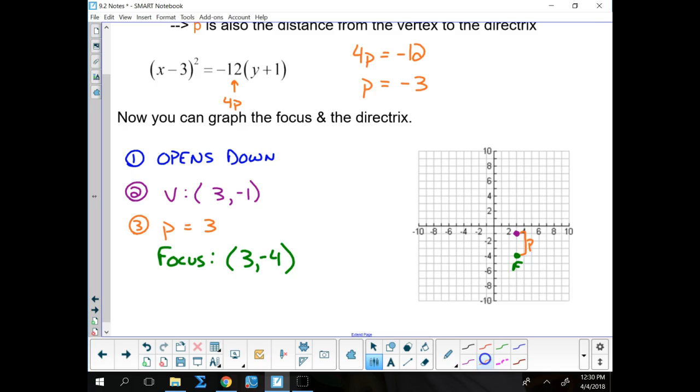Then I can also find the directrix. Because which way is the directrix from my vertex? It's up. How far up? 3. 1, 2, 3. So this is also P. So what is the equation of my directrix?